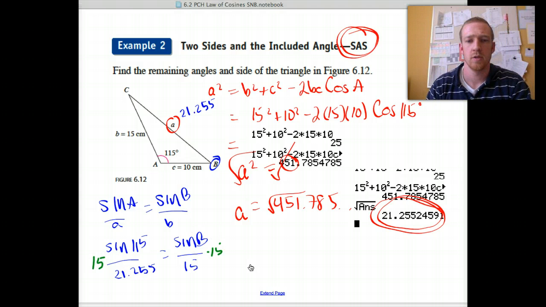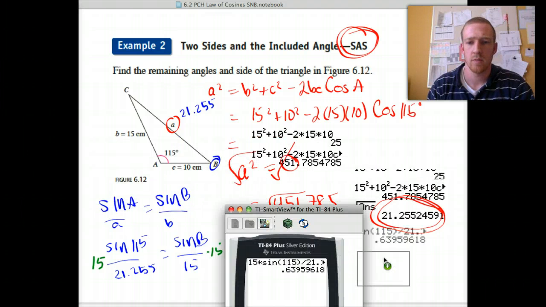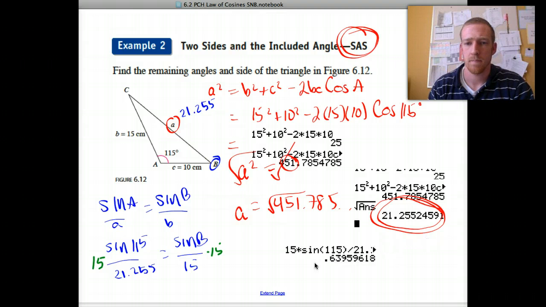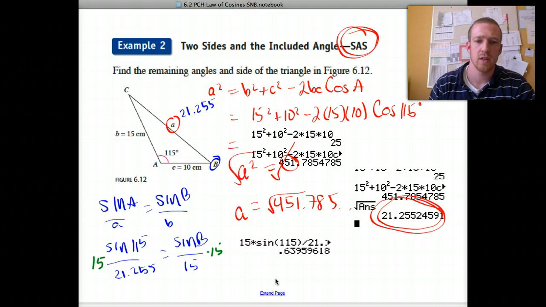And you plug that into your equation, and you get this. So that is the sine of B. So that gives me sine of B equals this. So I got to do the sine inverse of both sides.